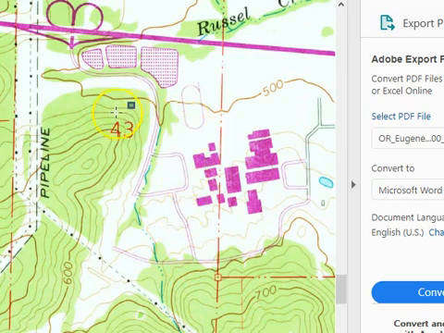These contour lines are closer together, so this would be a steeper slope. The top of this little hill would be 600 feet plus another 20, 40, so the top of the hill would be 660 feet. Pretty easy once you play around with these different contour options.